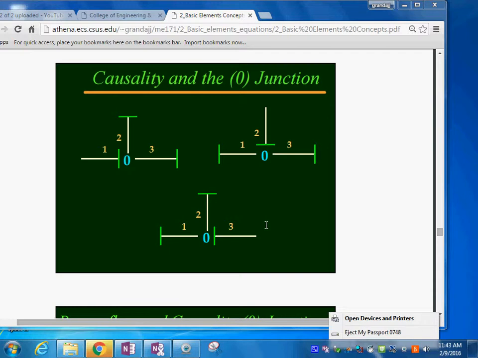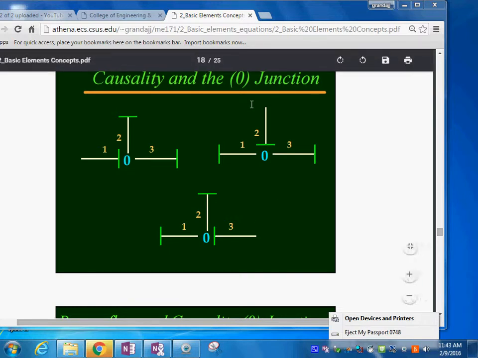Go back here, the power flow and zero junction charts, the first one. So in conclusion, we can have zero junctions with all the efforts being the same, but the summation has to be on the flow side.